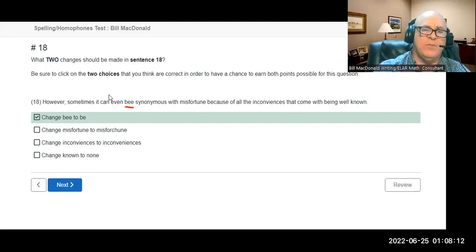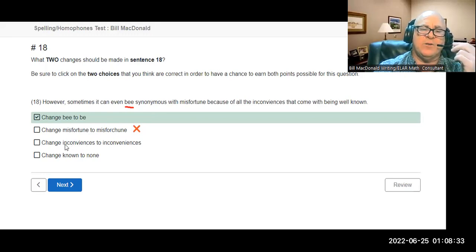Misfortune, misfortune. Misfortune is bad luck, and so it comes from the word fortune, which is good luck, and I don't get a fortune cookie with a CH, so I'm going to eliminate that one, because it just doesn't make sense.